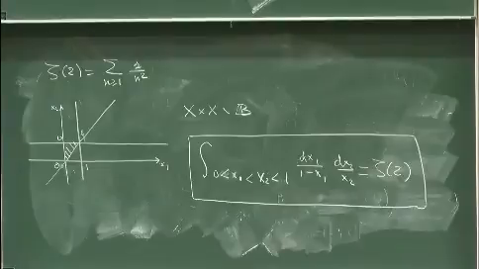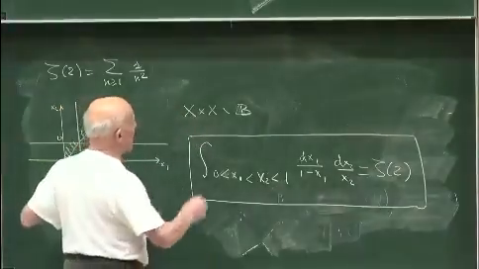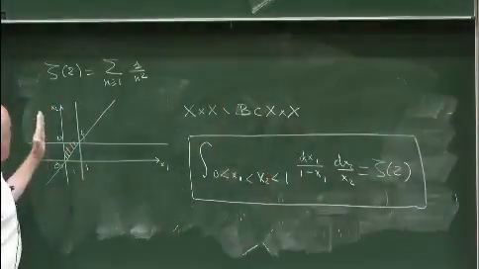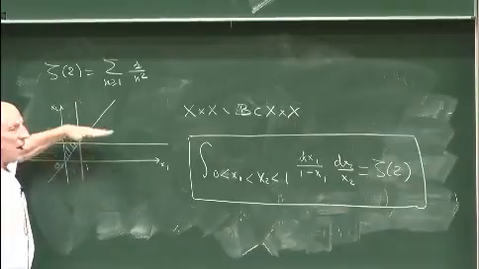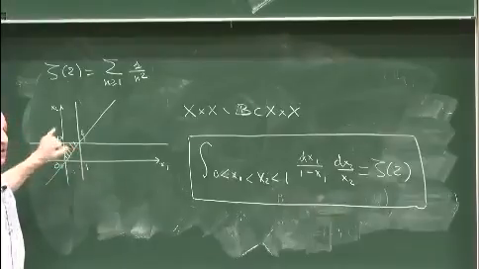We sit in X times X, which means we remove from the plane the vertical lines x equals 0 and x equals 1, and the horizontal lines 0 and 1. But the domain of integration is not closed.